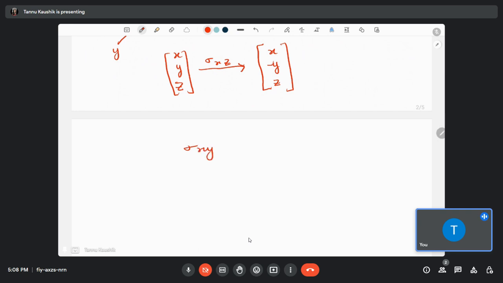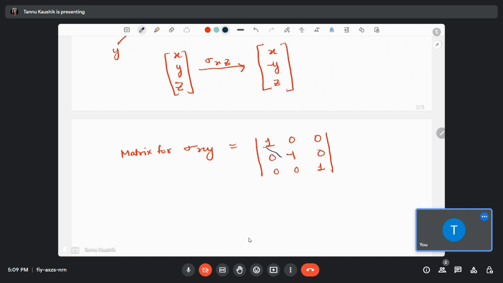So the matrix for this sigma xz will be 1 0 0 0 minus 1 0 0 0 and 1.